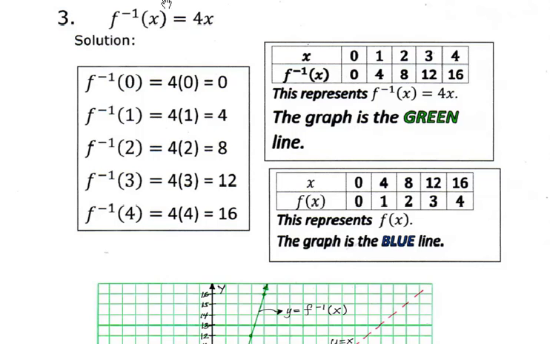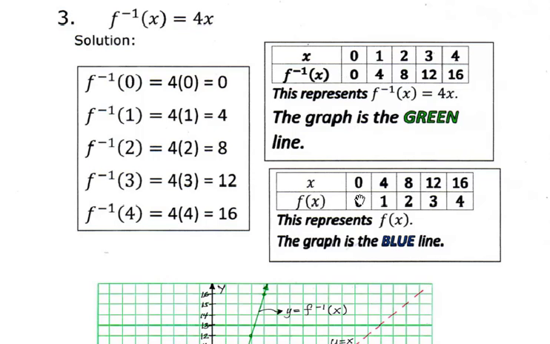Having this as the inverse function, if you take the inverse of this function, you will end up with the original function, because the inverse of the inverse function is the original function. So in this case, we don't need to know. By just taking a look at this table of values for x and f inverse of x, we're done with this.